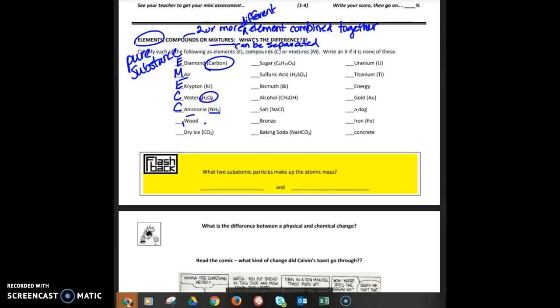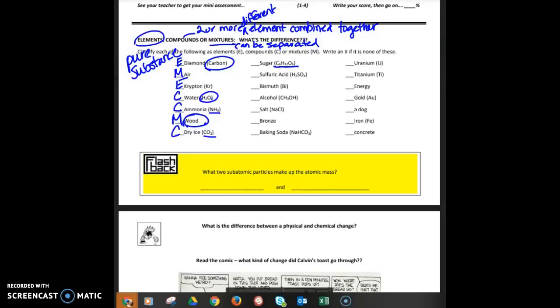Now wood, a little different. This is several different compounds combined together to make, there's like cellulose in there, there's water, there's something called lectin or something like that. So this is actually considered a mixture. We could, if we wanted to, separate those out. Dry ice, you've got two or more elements combined together, that's going to be a compound.